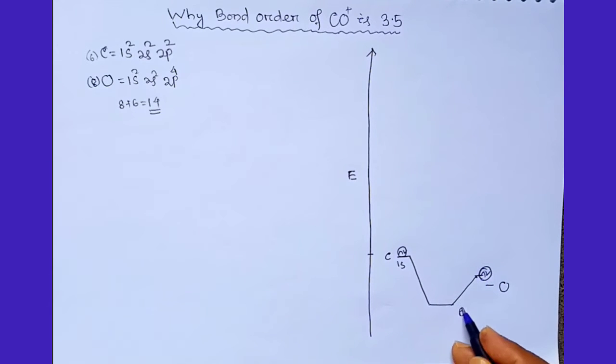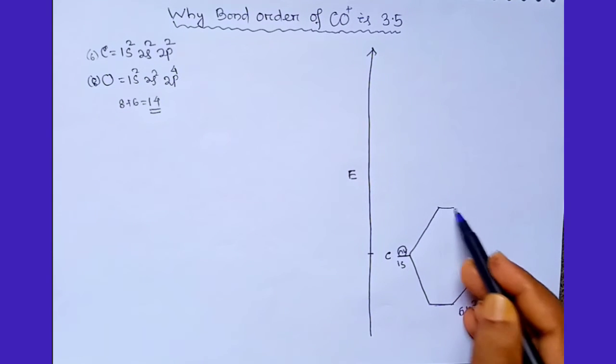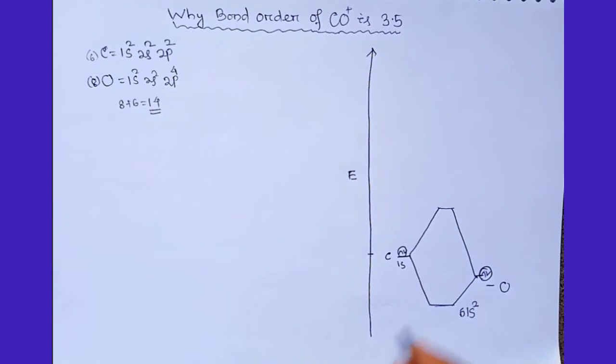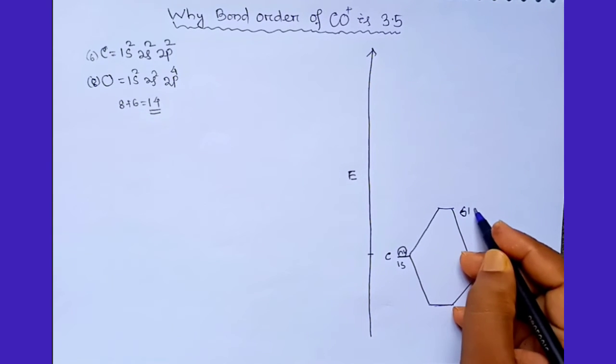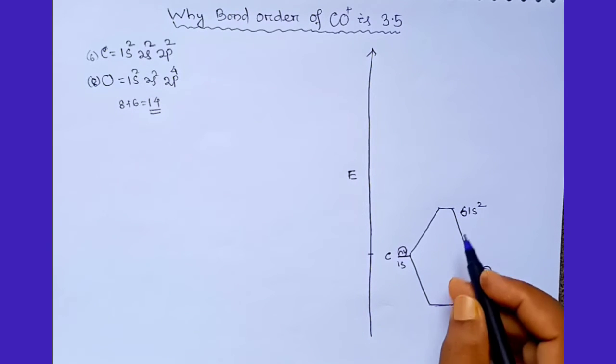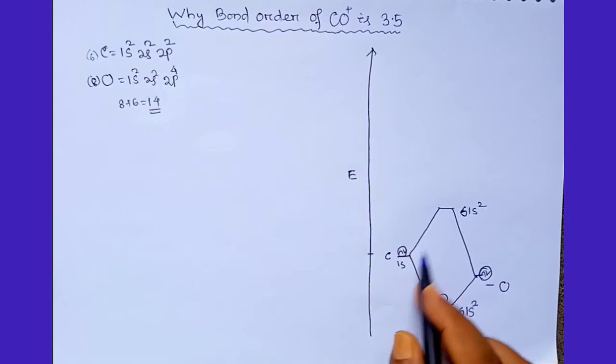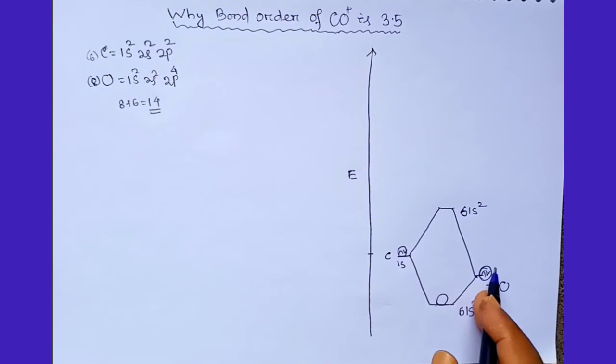So this is the sigma bonding molecular orbital and this is the sigma anti-bonding molecular orbital, formed by the combination of two atomic orbitals containing two electrons each.